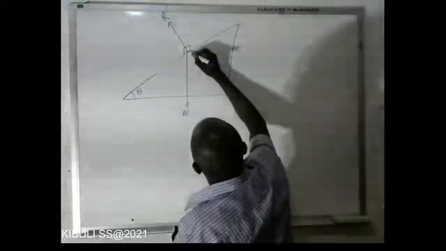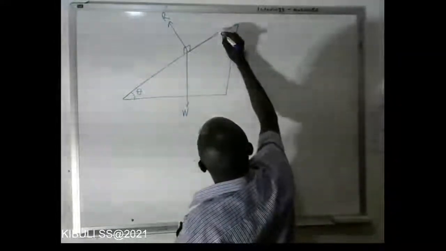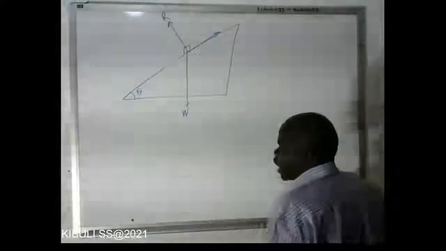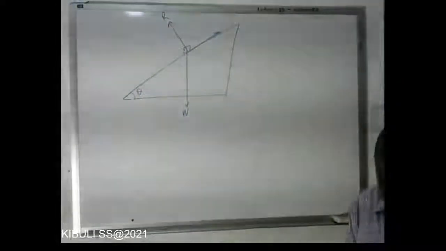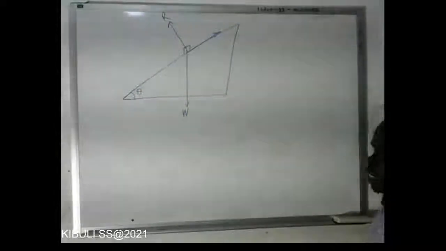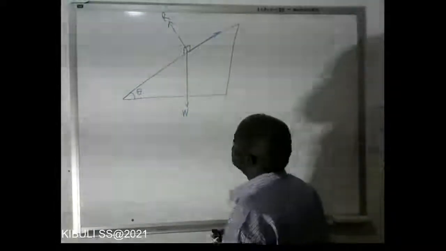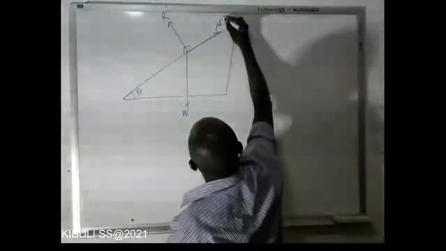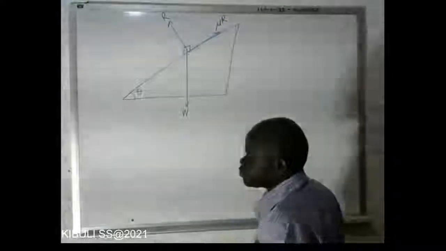So our frictional force is going to act in this direction, up the plane. Now, if this body is in limiting equilibrium, the frictional force will be maximum. So the maximum frictional force is going to be mu R.